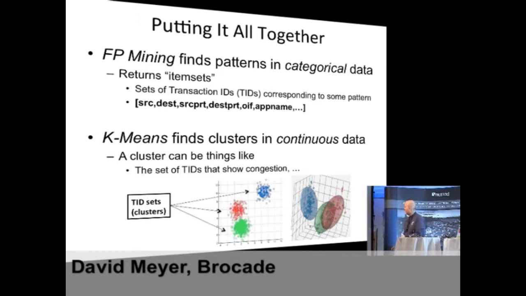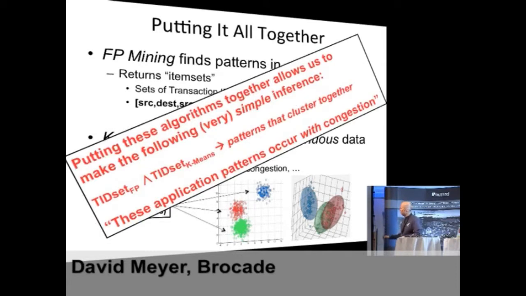But here's the thing. If you have both of these, and they're just really simple algorithms, you can build something like this. I get a set of transaction IDs from pattern mining, I get some from k-means, and if you intersect those two sets, what you wind up with are patterns that cluster together. So, for example, these application patterns will occur with congestion.